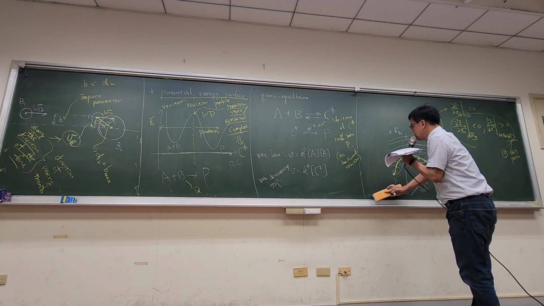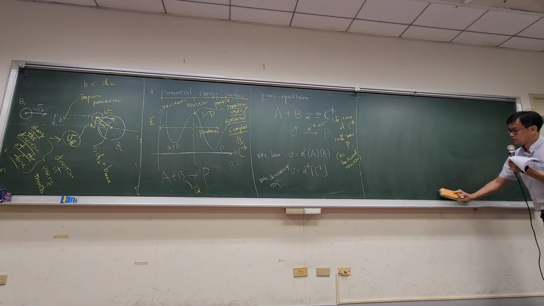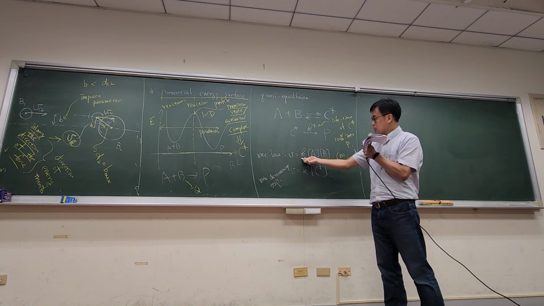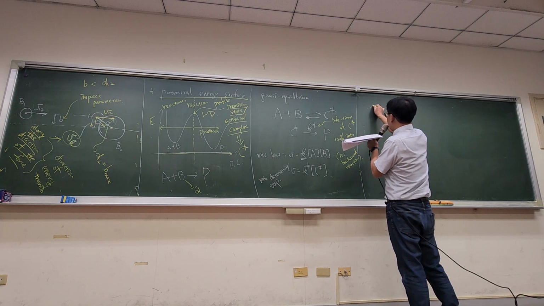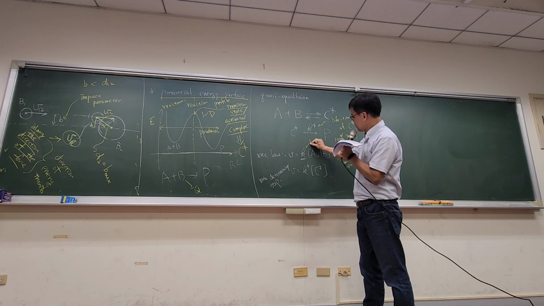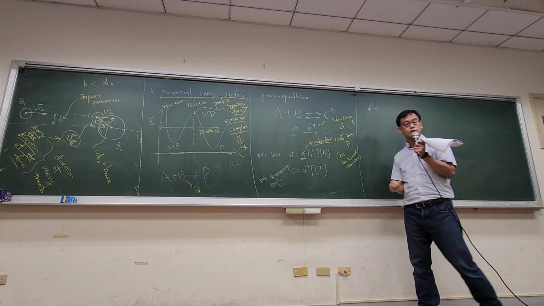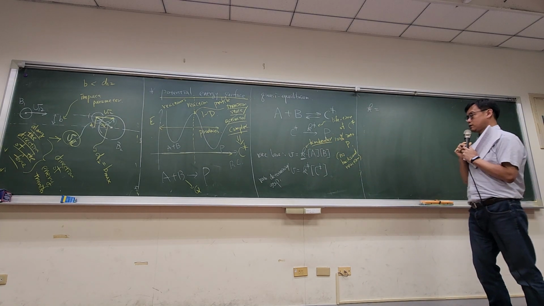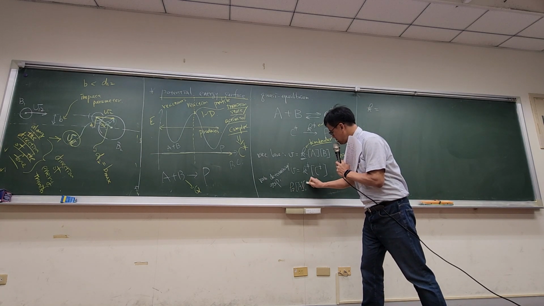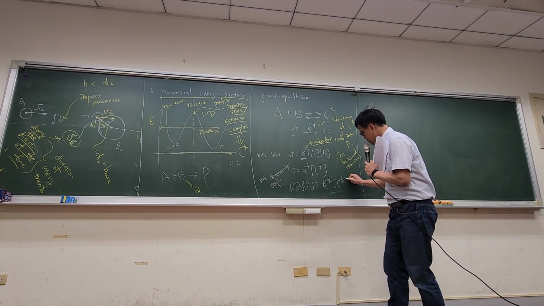So combine these two, we can calculate the rate constant. So your rate constant, the bimolecular rate constant, is, they must be equal, right? So K A B equals K double dagger C double dagger.